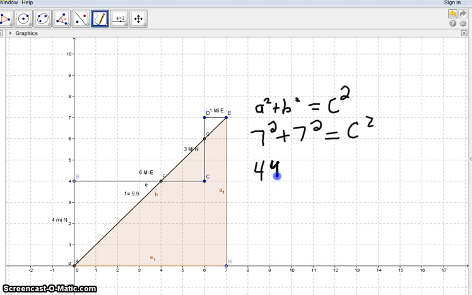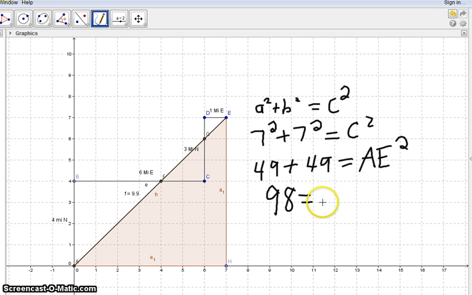So 49 plus 49 equals the distance from A to E squared. And let's see, that's 98 equals the distance from A to E squared.